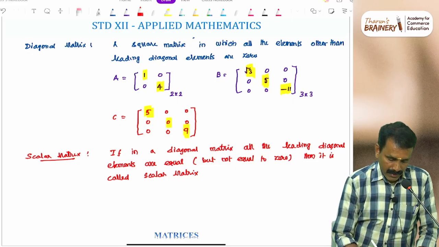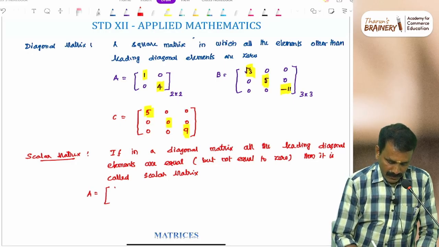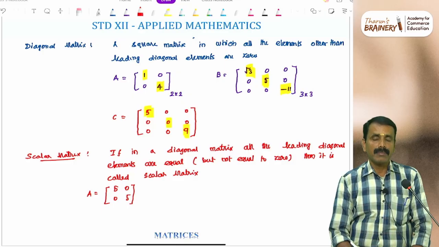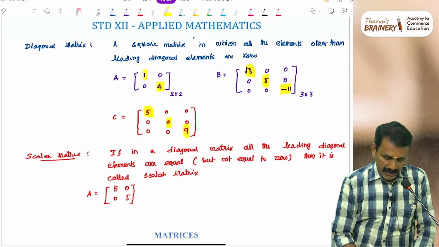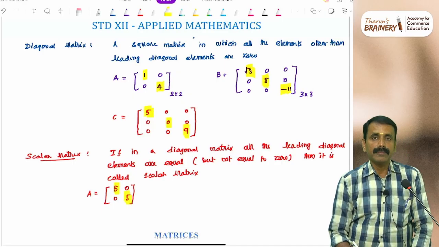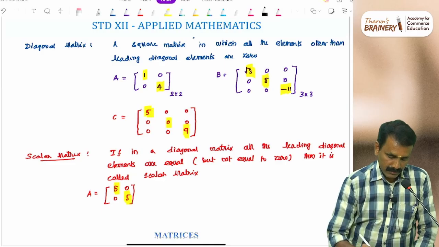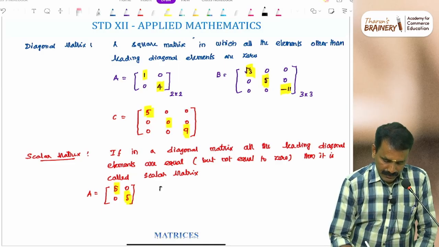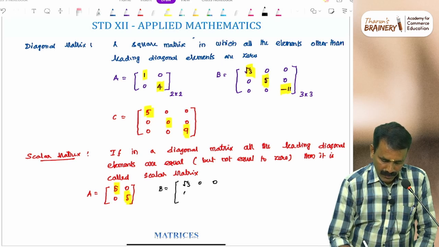Okay. For example, A is equal to 5, 0, 0, 5. This is called scalar matrix because the diagonal elements are identical. Now, say another example. Root 3, 0, 0, 0, root 3, 0, 0, 0, root 3.